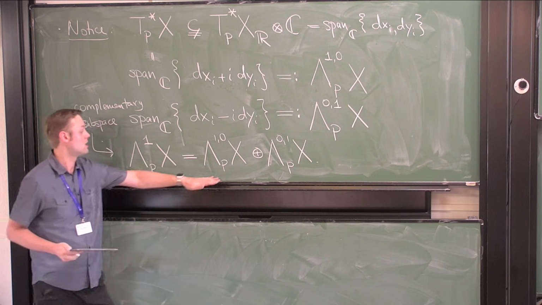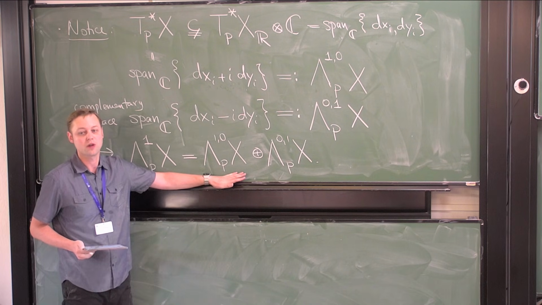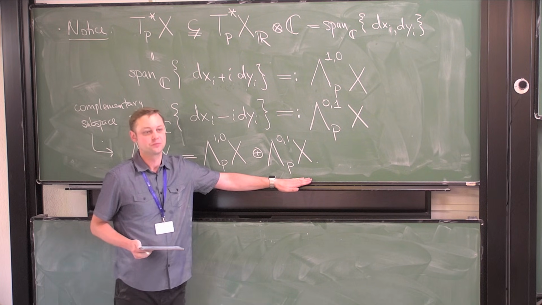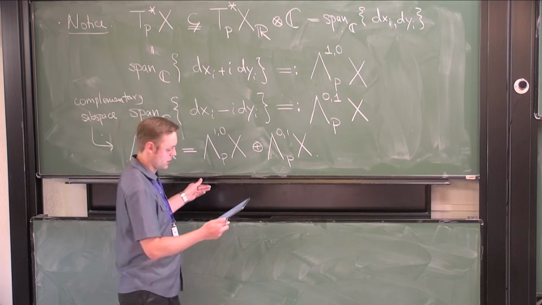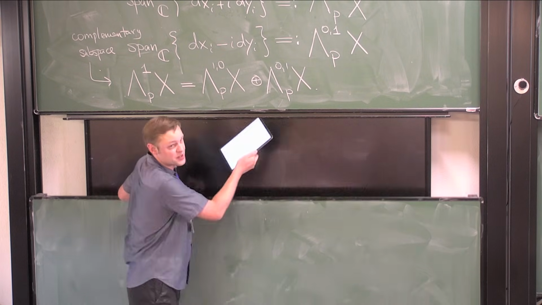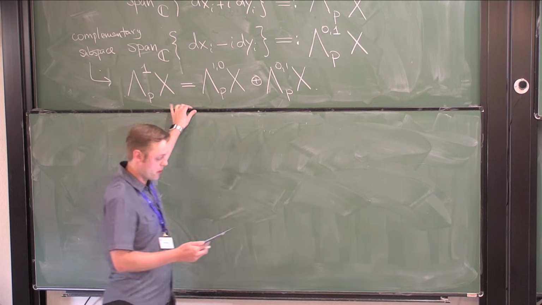Sometimes we also say into purely holomorphic covectors and purely anti-holomorphic covectors. So I'll leave this as a remark for now. We'll return to this decomposition. We'll need it tomorrow.